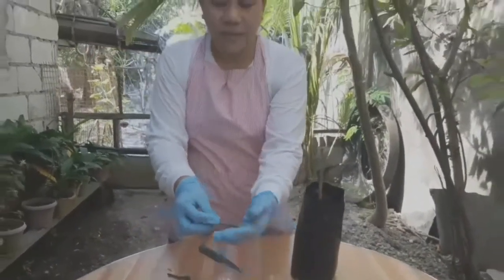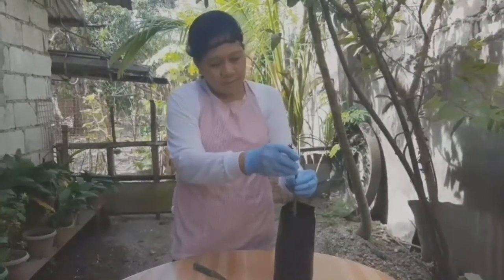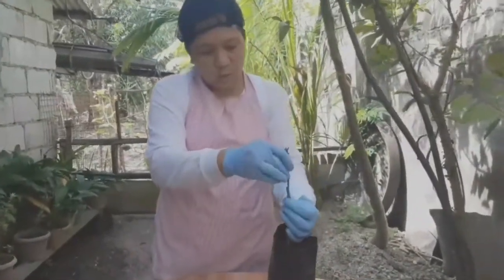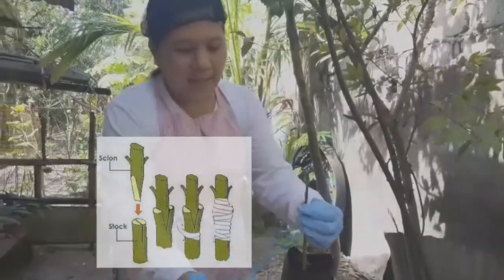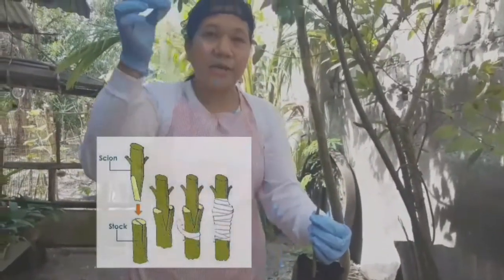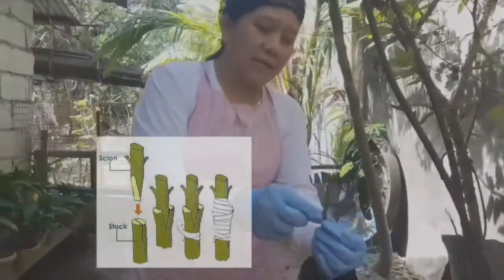And then, get the scion and insert it to the rootstock. Get the stretchable plastic and tie it.